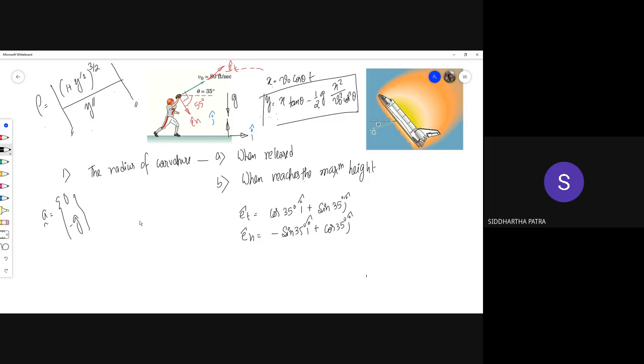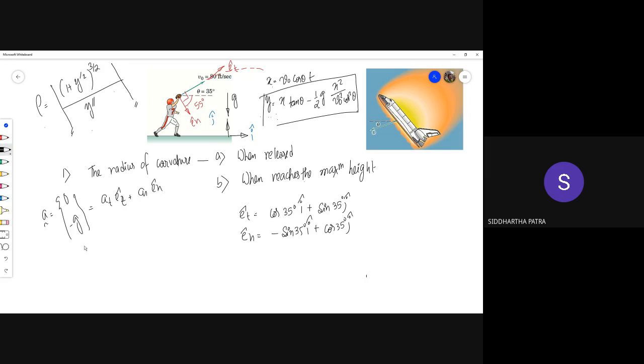So the acceleration is, as you are saying, at times et plus an times en, right?